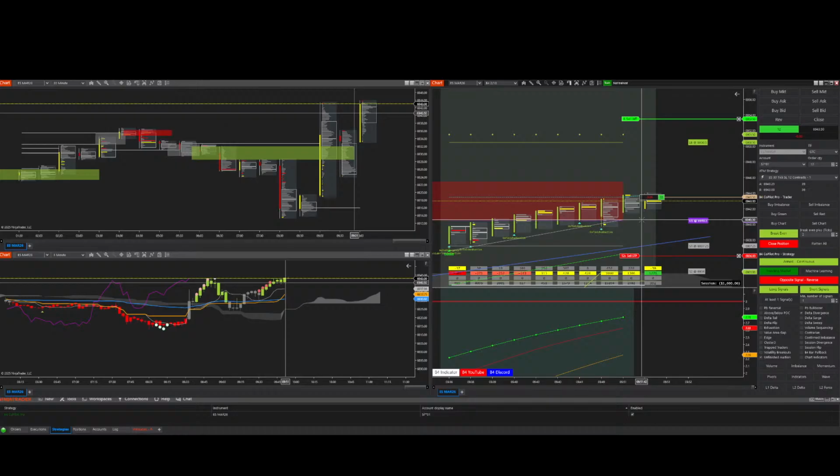Again, I'm not going to look at that number there. All I'm going to do is lock in and say, okay, I paid for the trade.